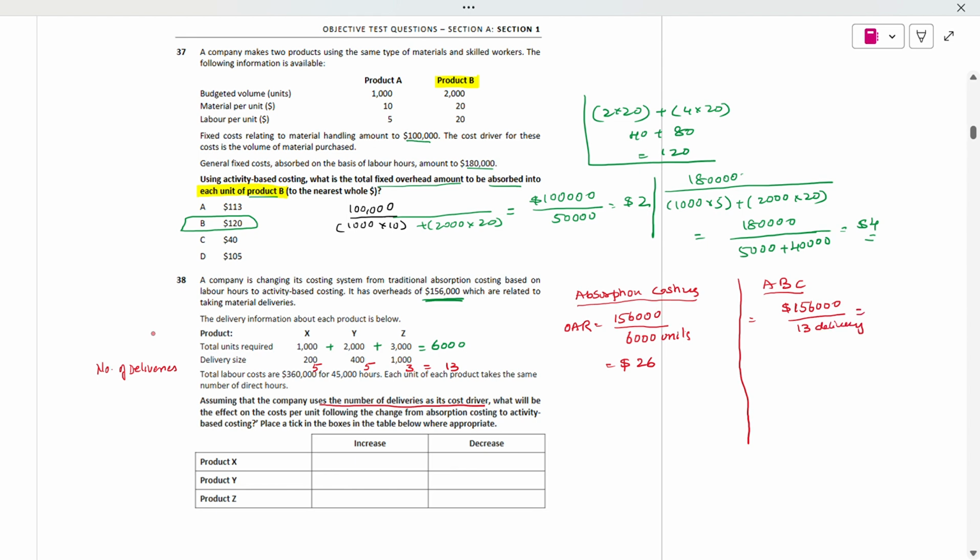How much? ABC, how many deliveries are there? 13 deliveries are there. It comes to how much?